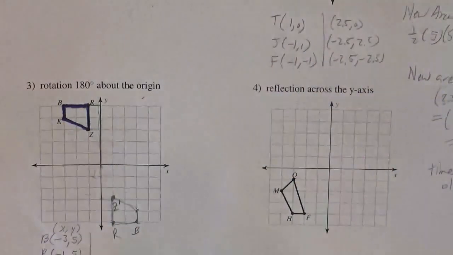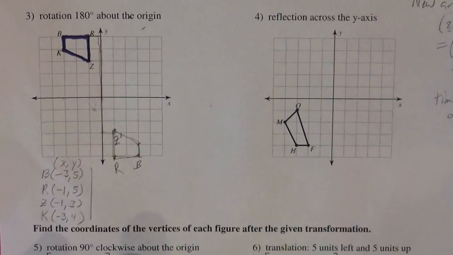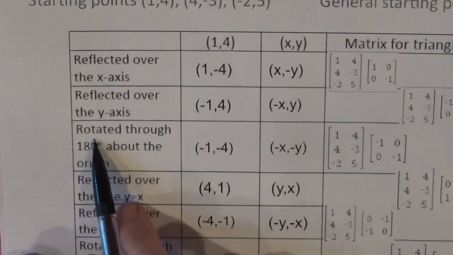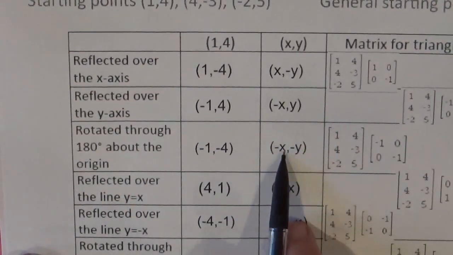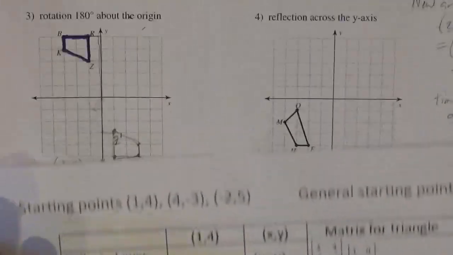So another way, if the visualization's tough or if the graph has too big of numbers, we learn these neat tricks. We learn that if you're rotating 180 degrees about the origin, the x and the y just change signs. So (x, y) becomes (negative x, negative y).